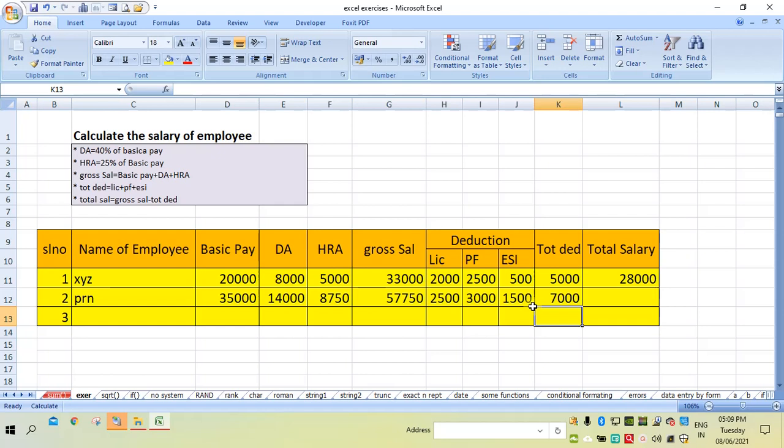Total deduction is 7,000. So total salary will be gross salary minus total deduction. So the total salary of this person is 50,750. This way we can calculate the salary of an employee.